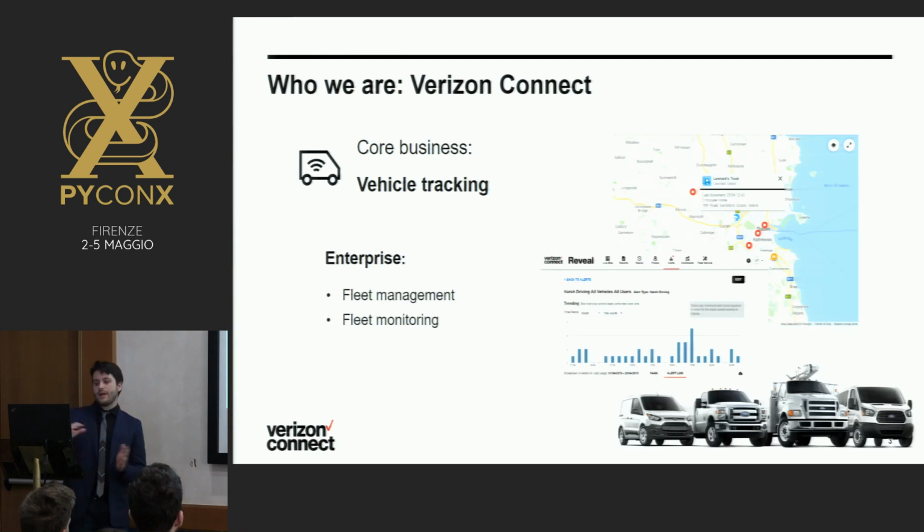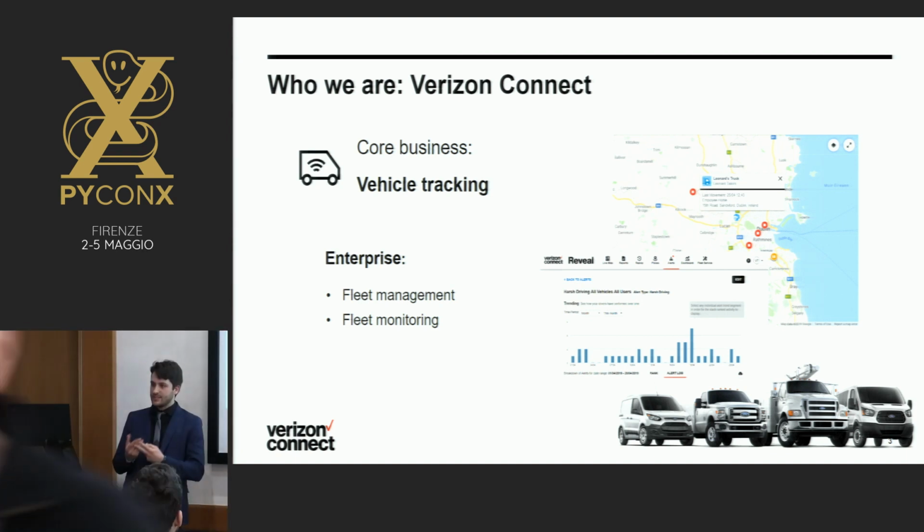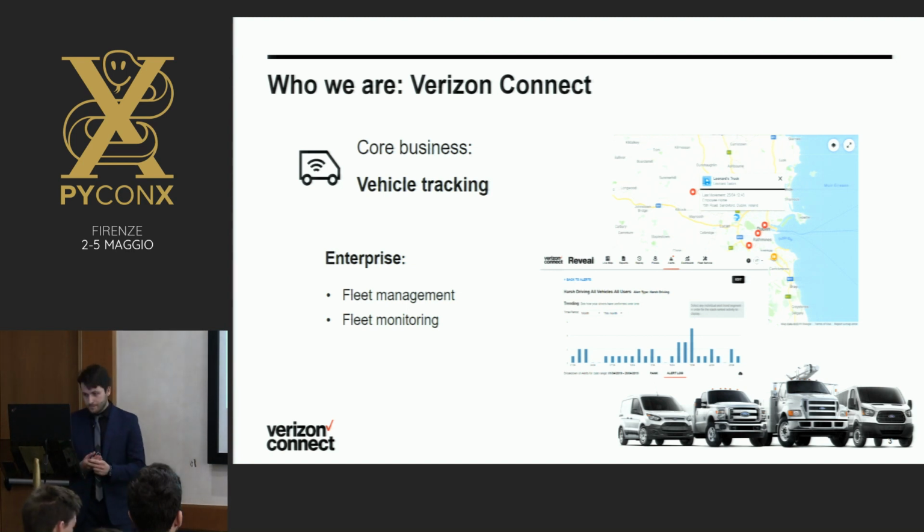Then the other branch is the enterprise one, where our customers are fleet owners, such as delivery companies, logistic companies, and so on. In this case, our purpose is to help them in managing and monitoring their fleet. For example, letting them know in real time where each of their vehicles is, if there was any harsh event, and so on.